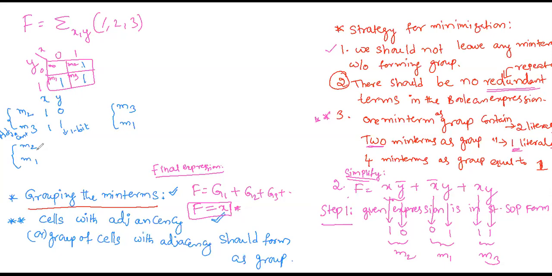Next, M2 and M1. M2 is 1 0, M1 is 0 1. That is a 2 bit change. If there is a 2 bit change, these two are not adjacent.